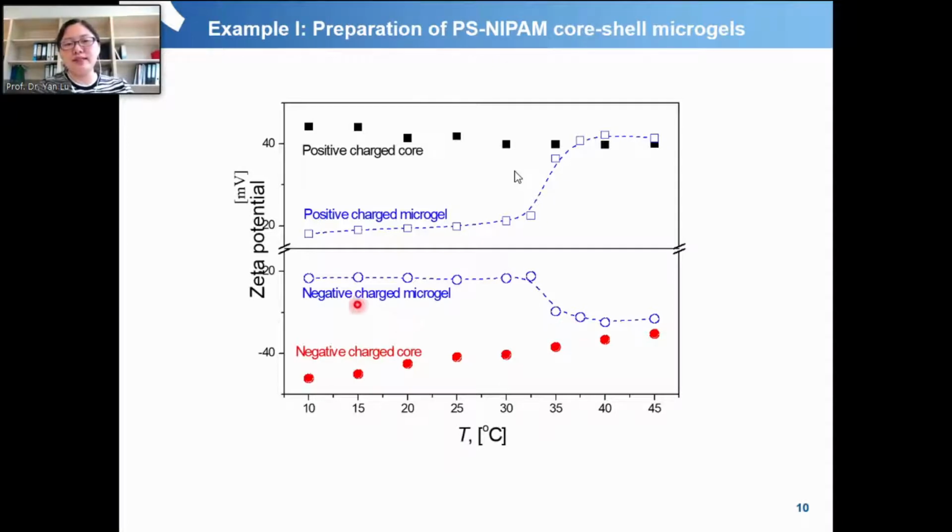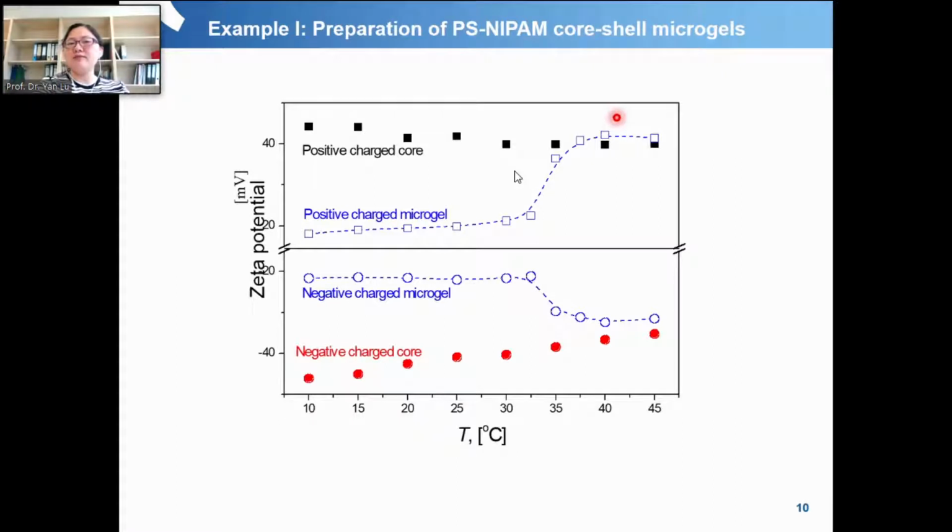And so you see, this is for the negative charge microgel. At lower temperature, they are swollen, and the surface charge is actually smaller. And when you increase the temperature, when the particles are totally collapsed, you see the increase of the surface charge. And similar behavior you can also see from the positive charged microgel.